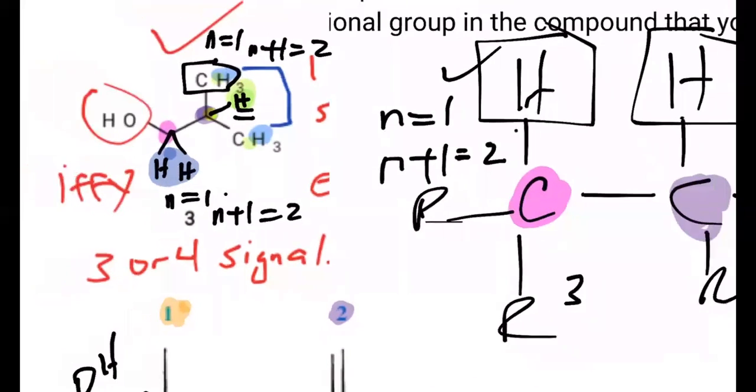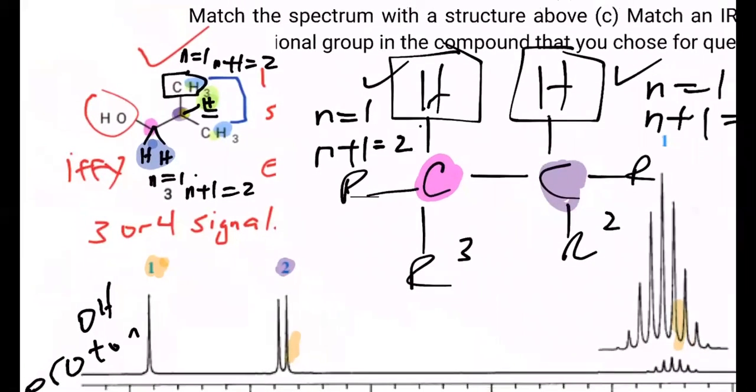Again, if you look back at the generic example, if I'm looking at this proton right here, I'm looking at the hydrogens on the carbon next door to it. So the pink carbon is adjacent, and it has 1 hydrogen. So anytime I'm trying to figure out how many neighbors a hydrogen has, what I'm looking at is the carbons that are bonded to the carbon where that hydrogen is.